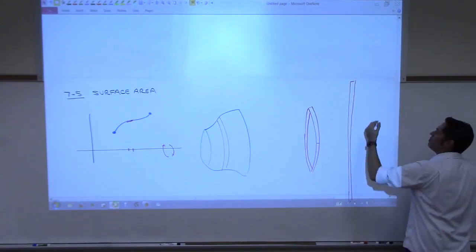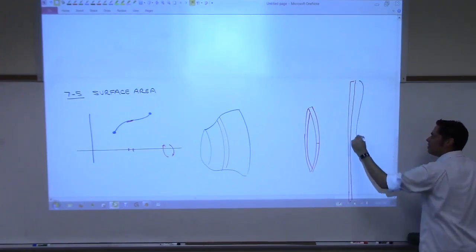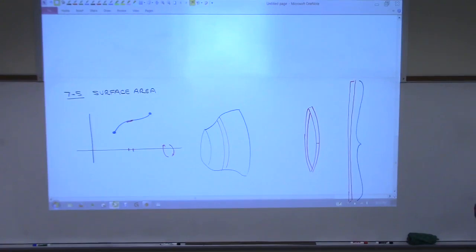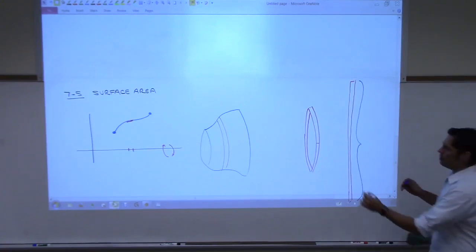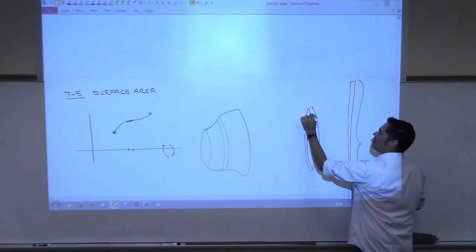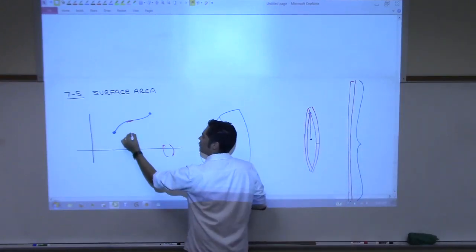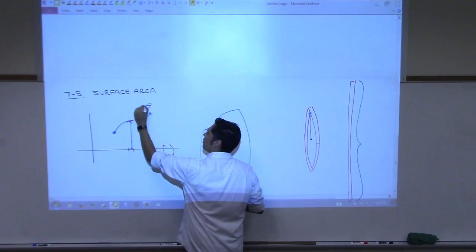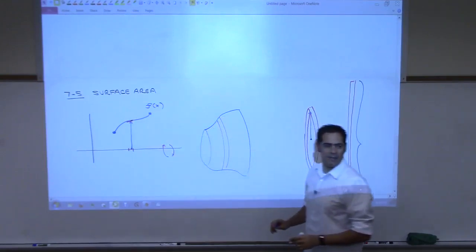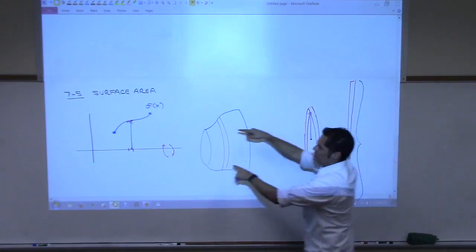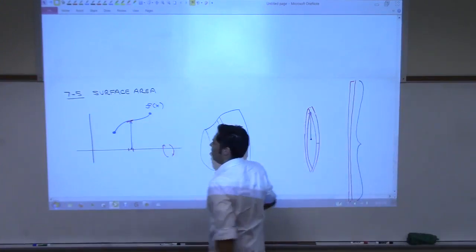I'll start with the easier part. What is this length? 2 pi r. But r is actually the distance from here to here, which, if we come back, is actually the distance from here to here. So if this is the function f of x, isn't the radius just f of x? This distance is the same as this distance, and that's f of x.